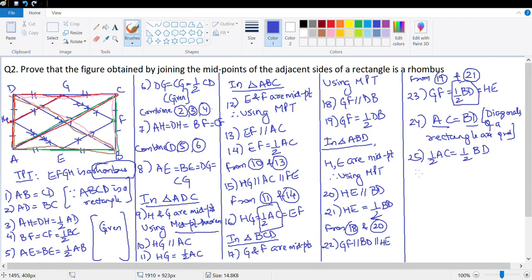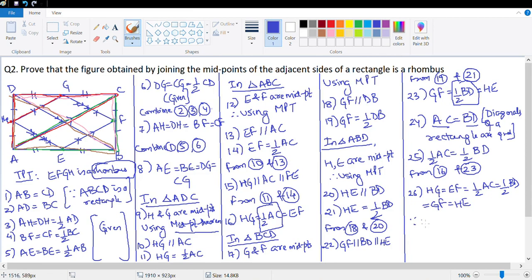So let's write this down. From 16 and 23, what do I get? I get number 26, which is HG is equal to EF is equal to half AC, which is equal to half BD, which is equal to GF, which is equal to HE.